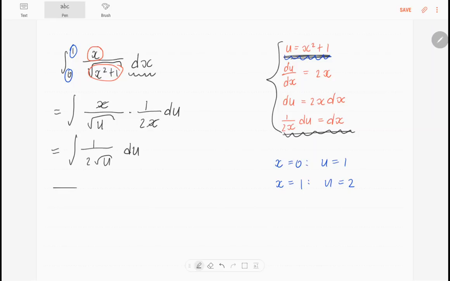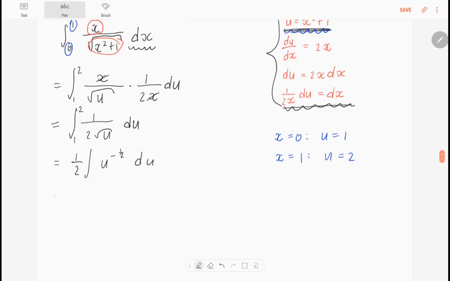So this is then going to become, let's add in our bounds, the integral from 1 to 2. So now we have, I'm going to take out a half in front, then I have the integral of u to the minus a half du. Let's now integrate. So I have a half, u to the 1 power higher, so it's going to become u to the minus a half plus 1 over that higher power.